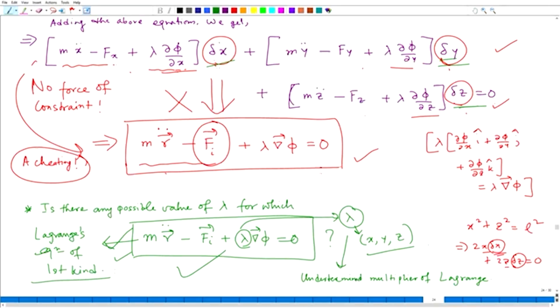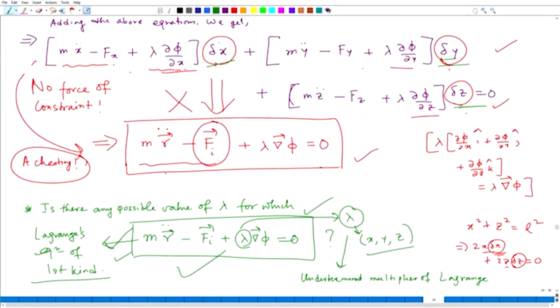With the assumption that there exists a specific functional form for lambda for which the equation in the green box is true, I can talk of Lagrange's equation of first kind.